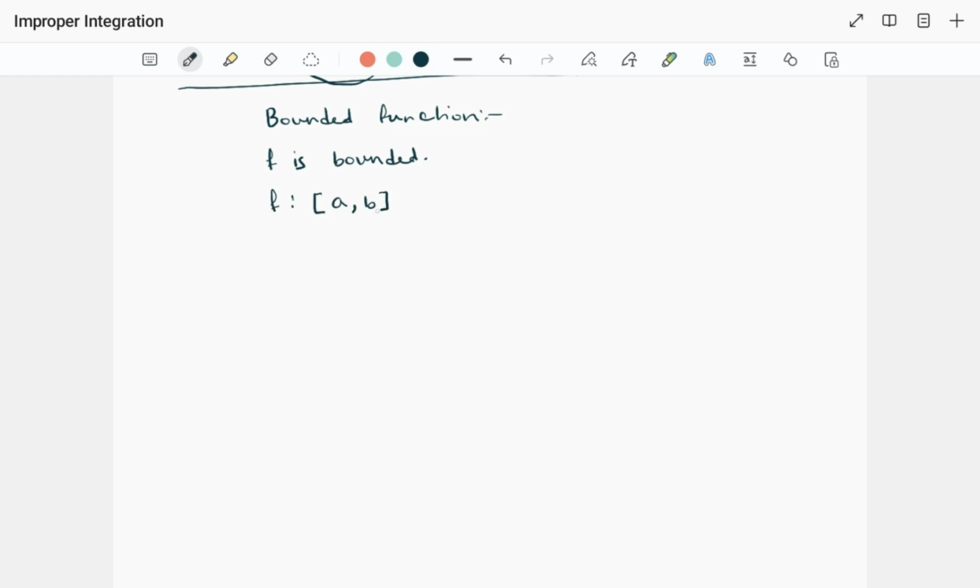Let f be a function from the closed interval [a, b] to R. R is the set of real numbers.